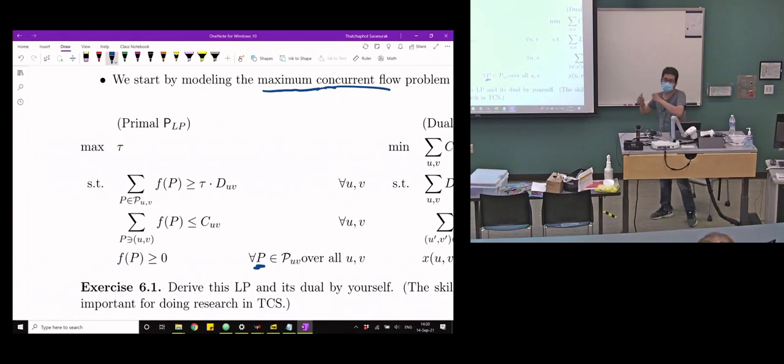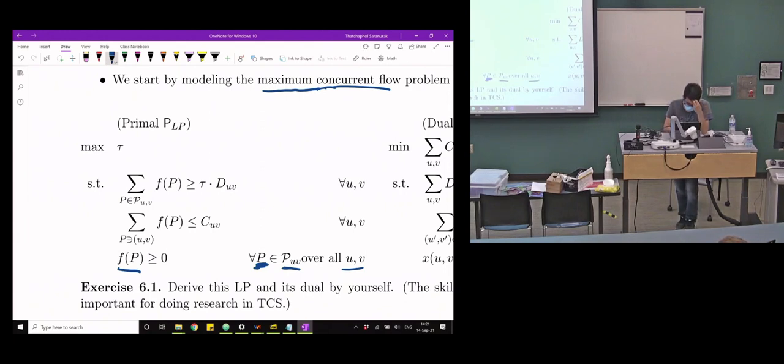Basically all possible sets of paths. Like a path from u to v for any uv, and the flow really just assigns the flow value on every path.